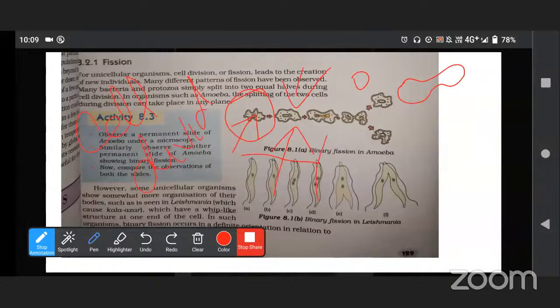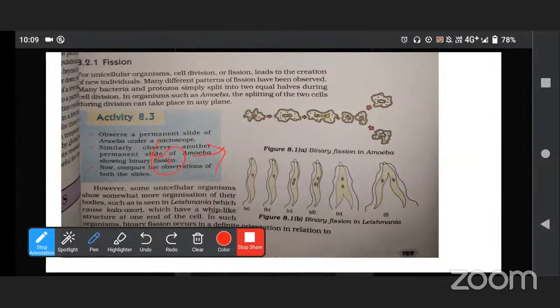Then in the third step, the nucleus is ready to separate. It becomes two. Earlier it was like this, the nucleus of the amoeba, then it started to split. Then in the fourth step, you see the cytoplasm. The inner space of a cell is known as what? Cytoplasm.